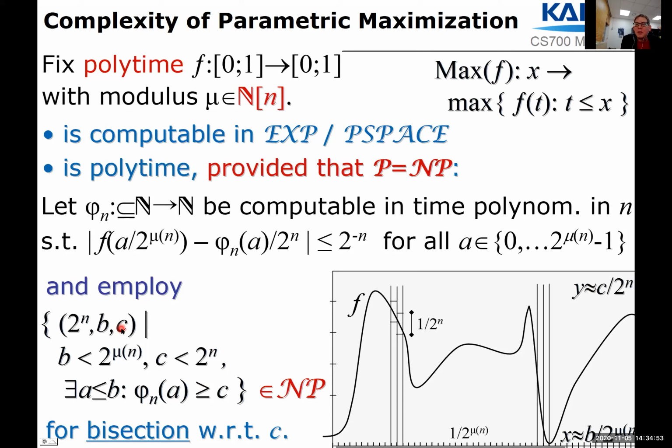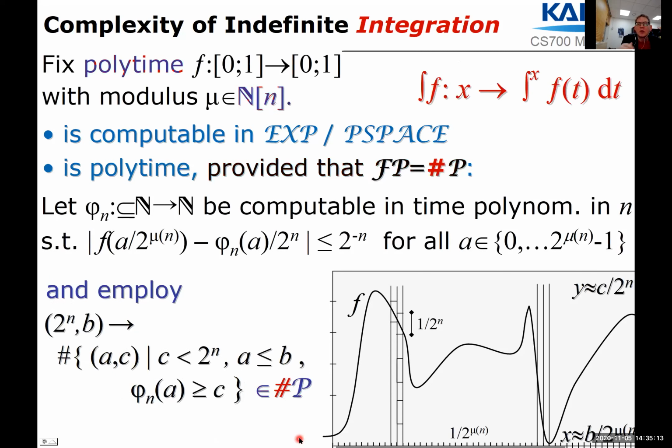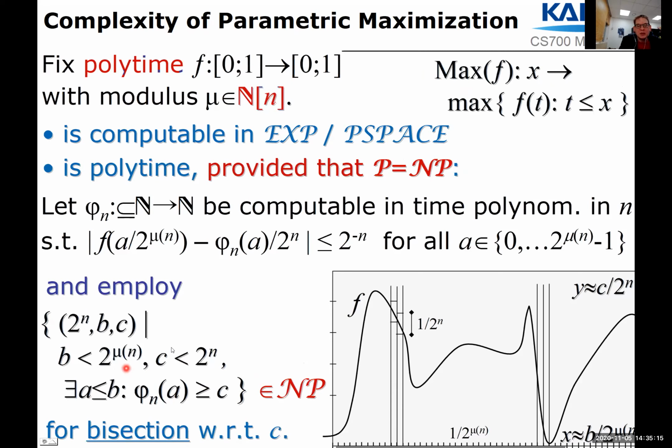By repeatedly invoking an algorithm that solves this problem in polynomial time, based on the hypothesis that P equals NP, we were able to devise an algorithm that determines the maximum of the function using bisection.